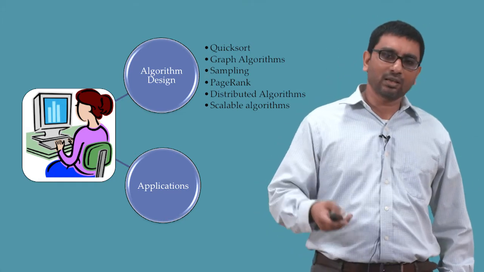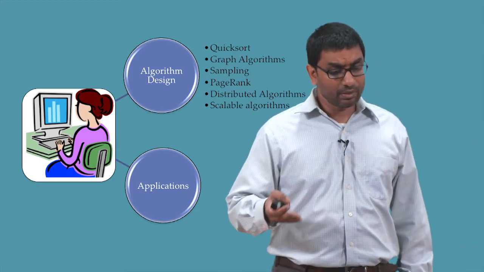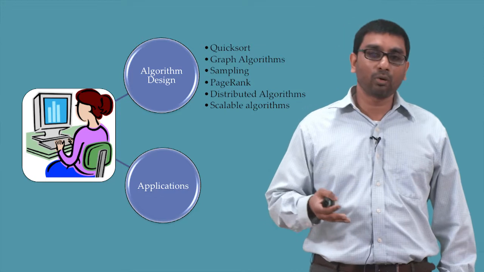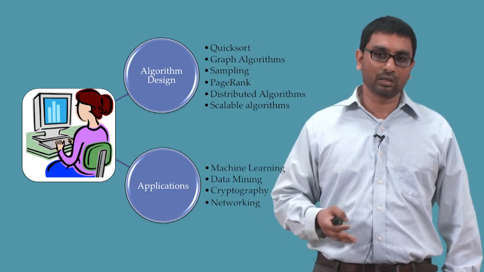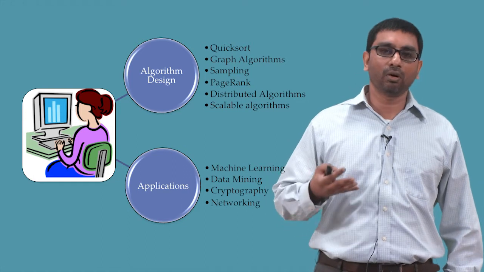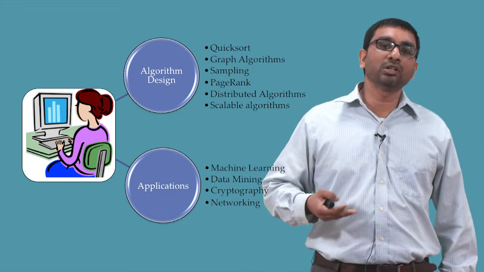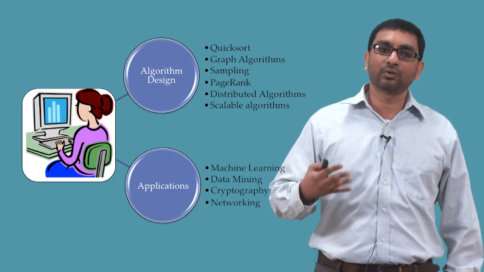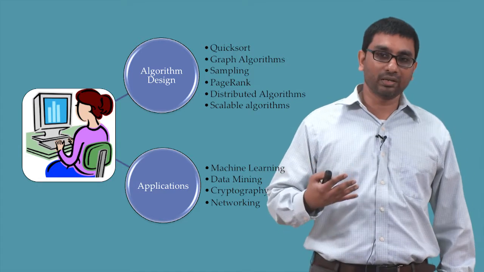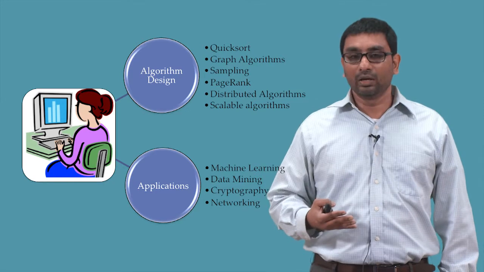And in today's context, if you look at applications, there are a lot of very important classes of applications: machine learning, data mining, cryptography, that heavily rely on probability theory. So, anybody wanting to spend a career in these areas, it is important for them to have a solid grounding in probability theory, in particular with respect to how it relates to computer science.